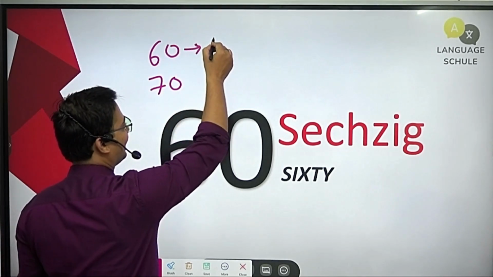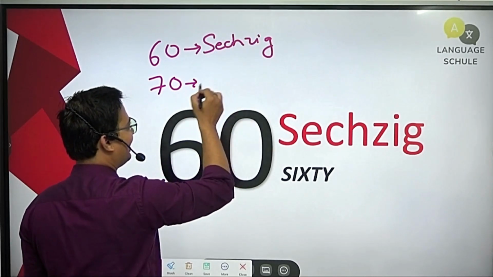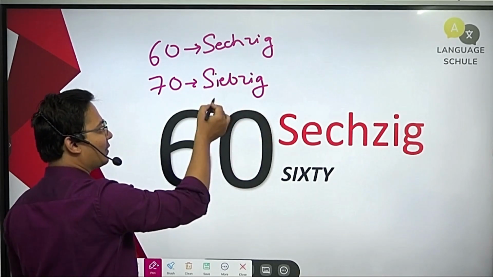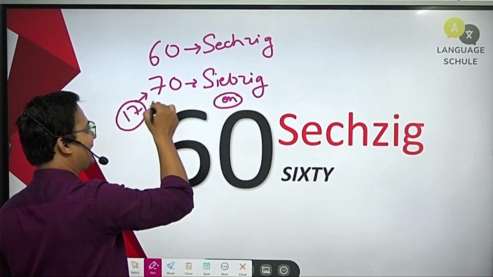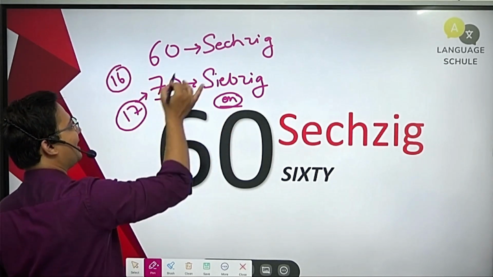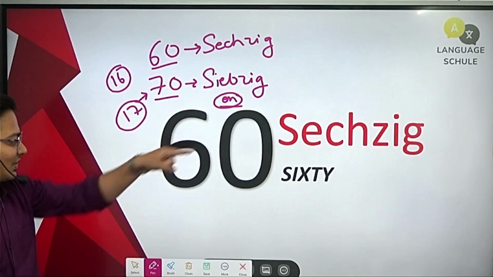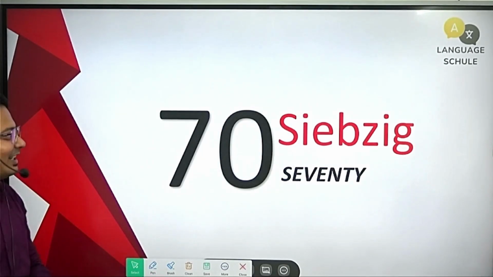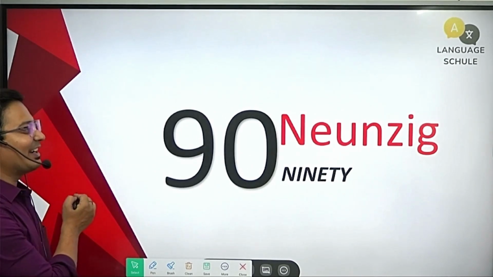Again we have to say sechzig, and for 70 siebzig. Okay, so again we are removing en. In 17 we removed en, and in 70 we removed en. Similarly in 16 we removed en, and in 60 we removed en. So it is sechzig, and 70 is siebzig, 80 is achtzig, 90 is neunzig.